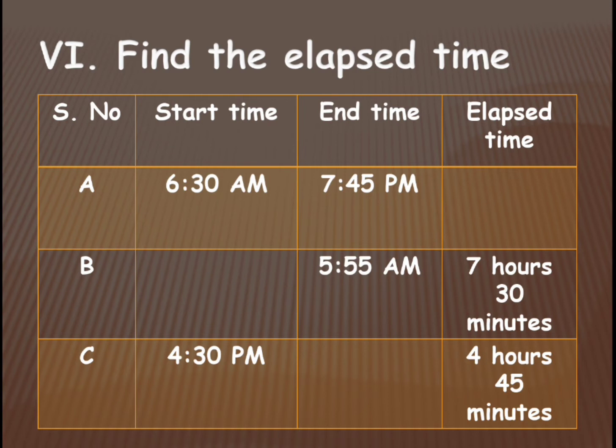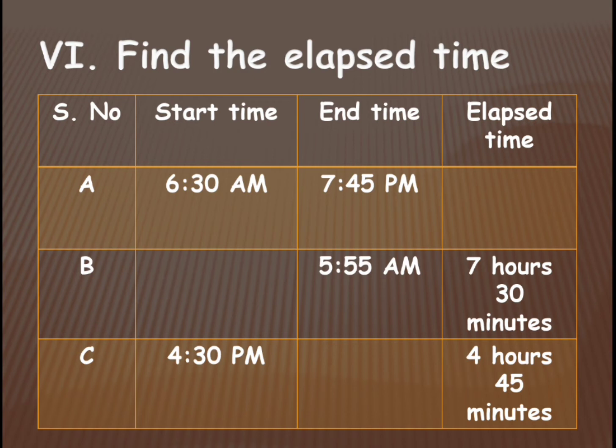So that is your study hours, that is your school hours. So what is the time you are in the school from 8:30 to 3:30 if you take? In between, how many hours are there, that is your elapsed time. Okay, for example, I am telling you. If you know the start time 8:30 and the end time 3:30, then you can calculate how many hours you are at school.